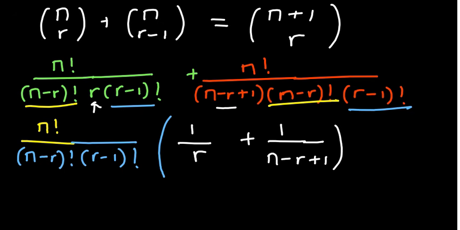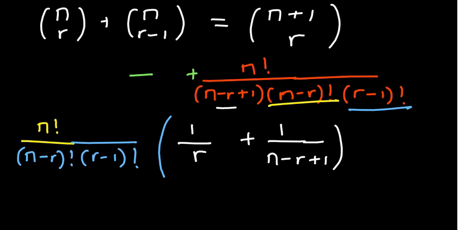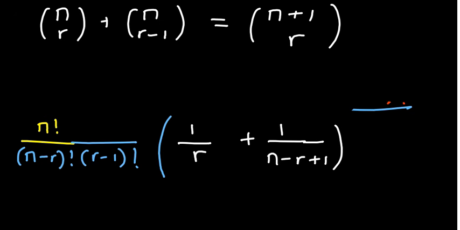Okay, so we've just dealt with that guy. So at this point, we can try to simplify what is in the brackets. Okay, so of course we understand we need to come up with a common denominator and all that.